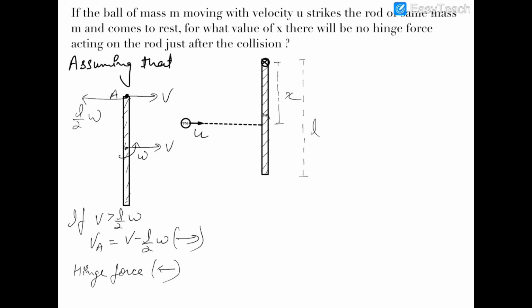So hinge force will restrict the point A, and it would not allow the point A to move. So hinge force in this case would be in the backward direction.